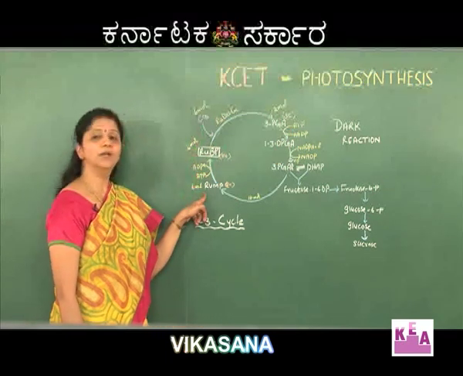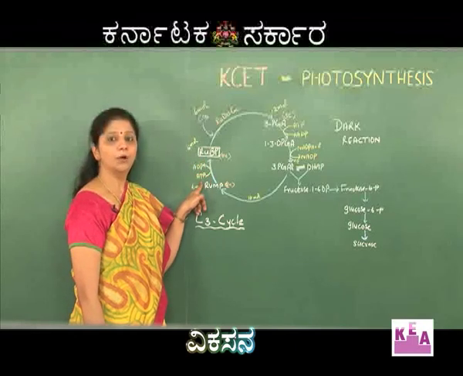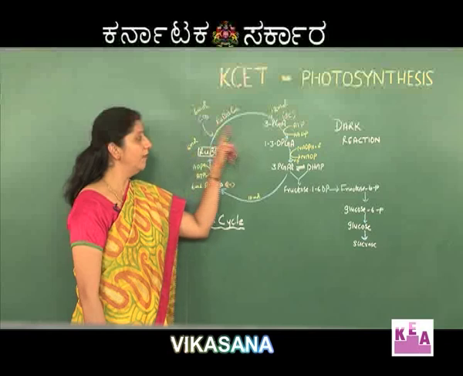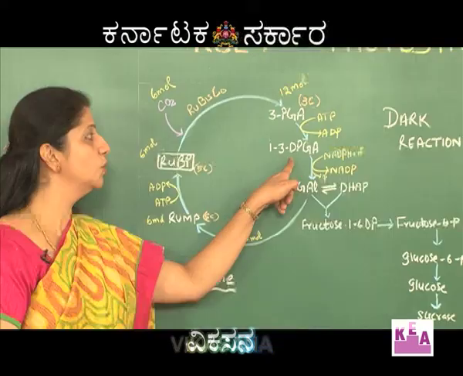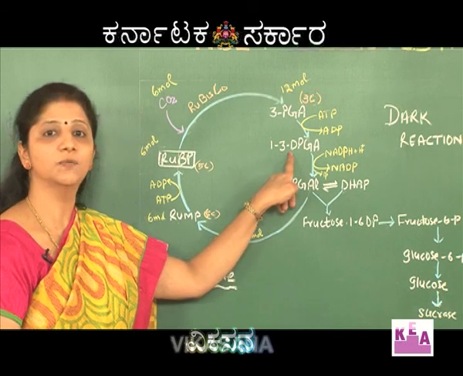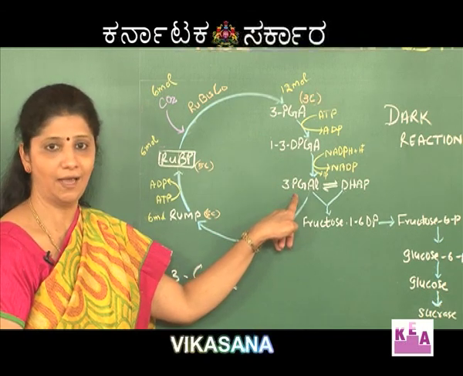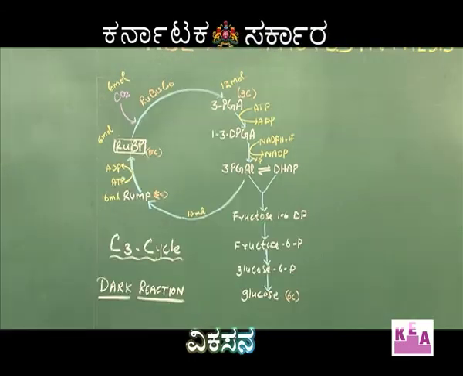Similarly, for the phosphorylation of RuMP to RuBP, ATP molecules are again utilized. Where are NADPH molecules utilized? They are utilized during the reduction of 1,3-DPGA, diphosphoglyceric acid, into phosphoglyceraldehyde. The steps in the dark reaction or C3 cycle can be divided into three phases: the first is carboxylation, the second is reduction, and the third is regeneration of RuBP.